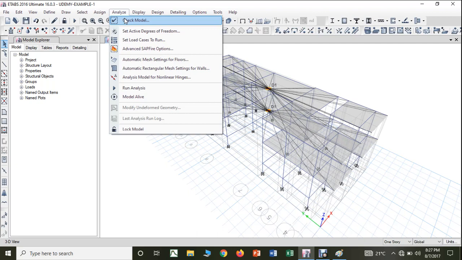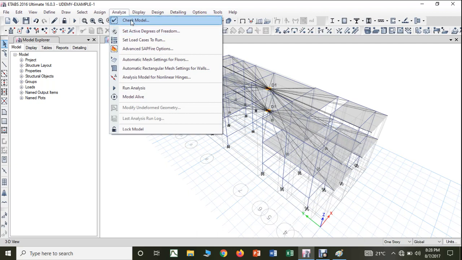It means some unused values are present, so then it will give you a warning. Or if joints are not properly connected somewhere, or if there are any mismatches, then it will give you a warning and show where the mistake is. If no mistakes are there, then it will say everything is okay, and then you can run the analysis.